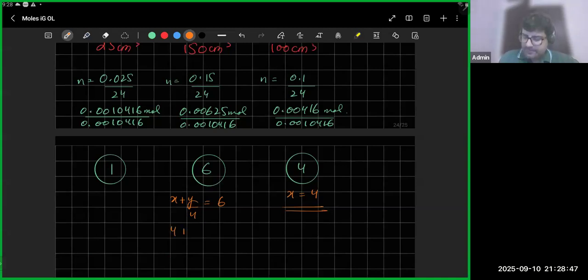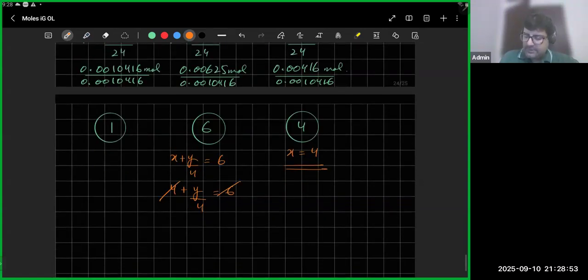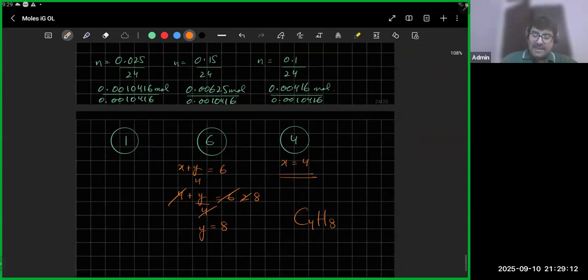X is 4, plus Y by 4 is equal to 6. So take the 4 over, it's going to be 2. Take this 4 to the other side and it's going to become 8. So Y would come out to be 8. So my final formula of the hydrocarbon is C4H8. Okay, so that's my final formula.